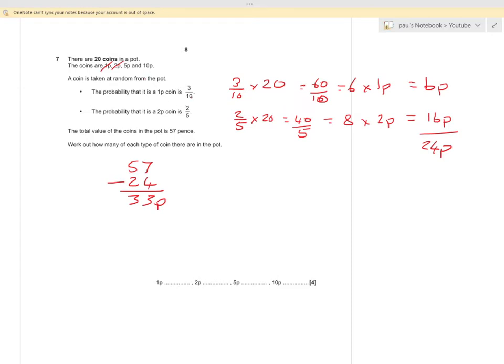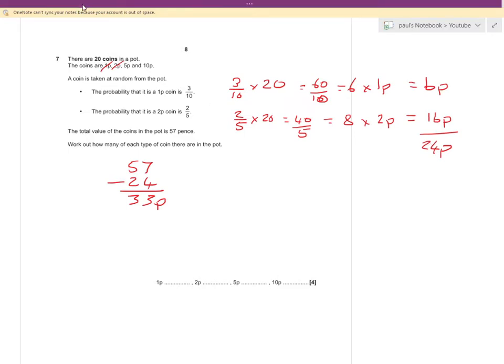Right, 3/10 of 20 is 6. 1/5 of 20 is 4. And 2/5 are 8. So we've got 8 2p's, 8 2p's is 16.